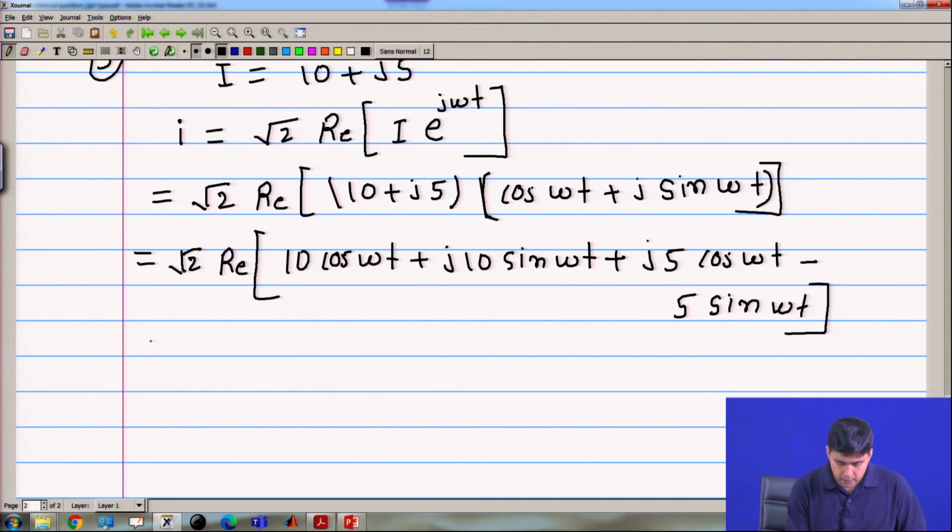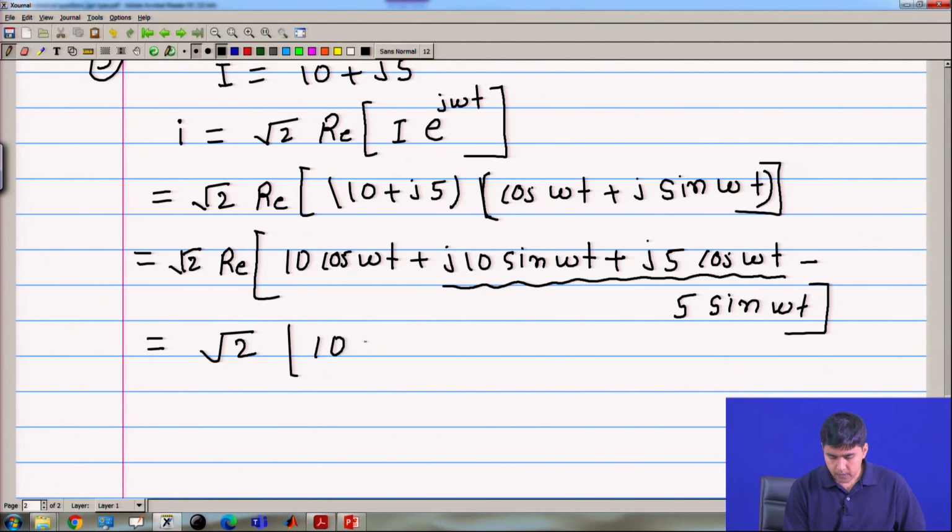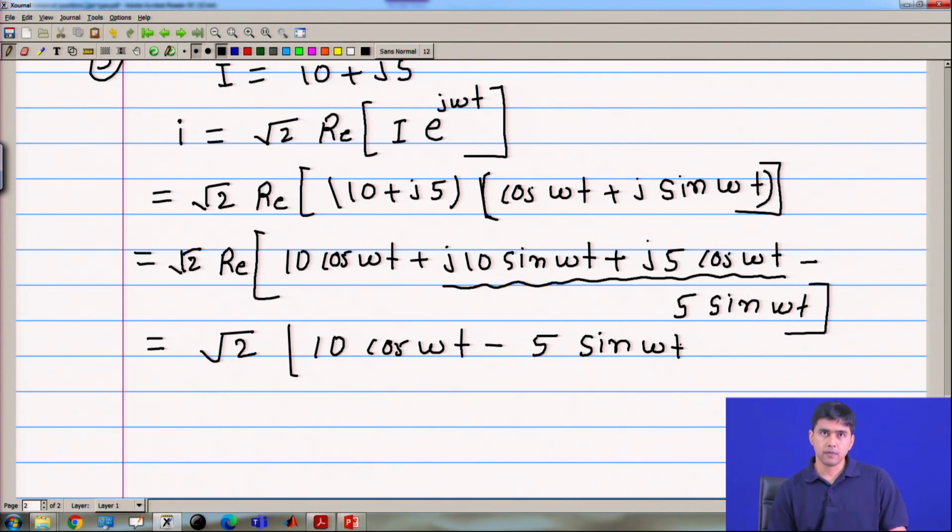So, here we can extract the real part. These terms are the imaginary part. So, the instantaneous quantity, real part of this, will be square root of 2 times 10 cos omega t minus 5 sin omega t. So, this will be the final answer: root 2 times 10 cos omega t minus 5 sin omega t.